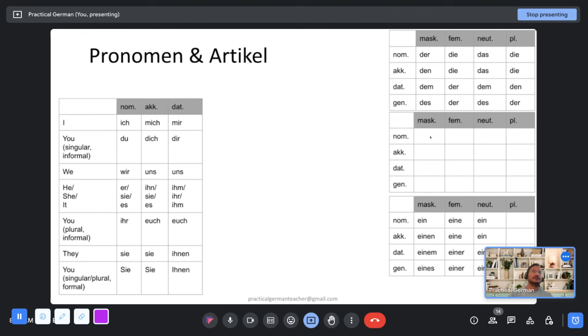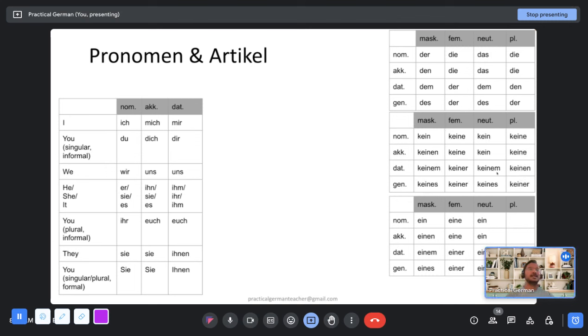Kein, keine, kein, use the logic. Keine, the ending here? The ending is keine, yeah. Keine, keinen, keine, kein, keinem, keiner, keinem, keinen.